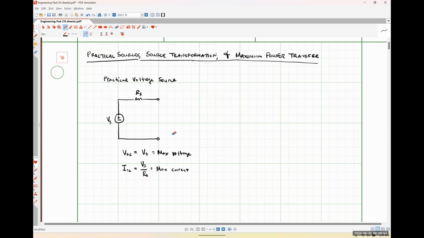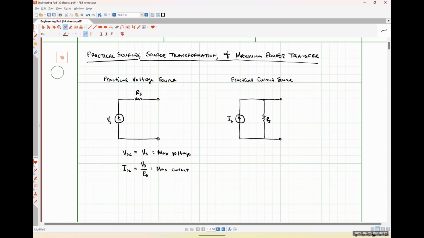Over here on the right-hand side of the paper, let's introduce a practical current source. In our practical current source model, we are going to have some current source Is connected in parallel with some resistance Rs, like so.